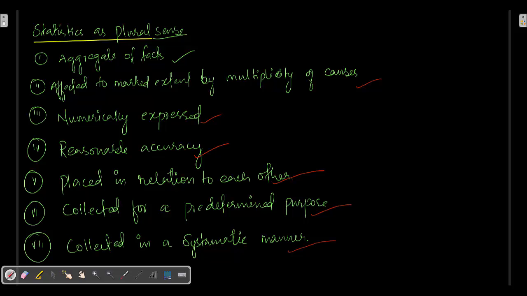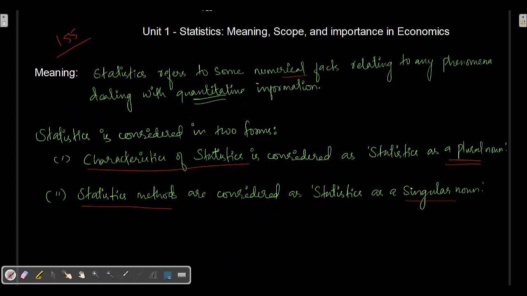It is placed in relation to each other. It is also collected for a predetermined purpose, and it is collected in a systematic manner. So all these points are the characteristics of statistics in plural sense, or as in the previous topic we say, when we're talking about statistics as a plural noun, we're mostly talking about the characteristics of statistics.